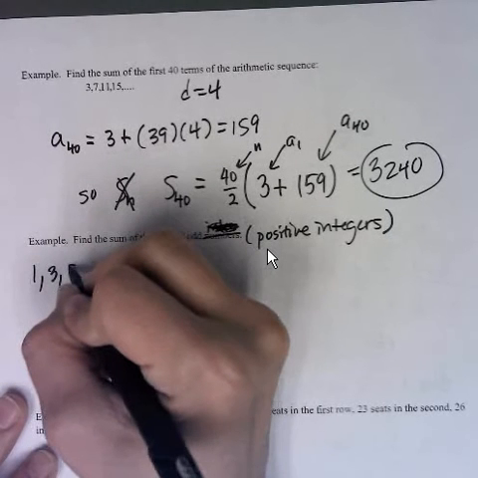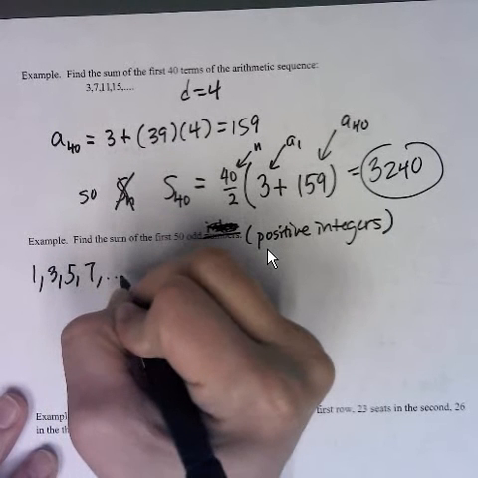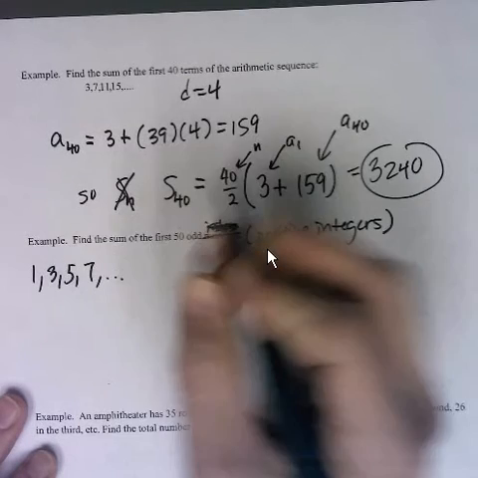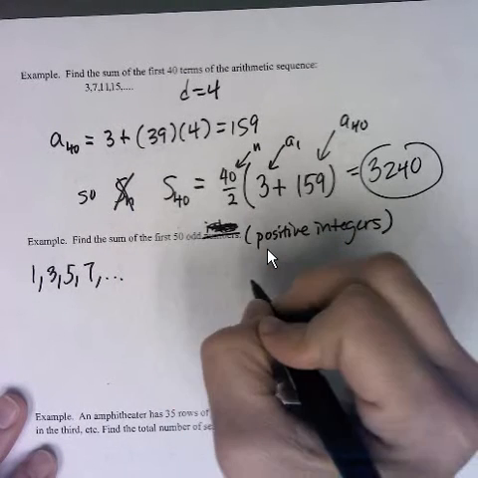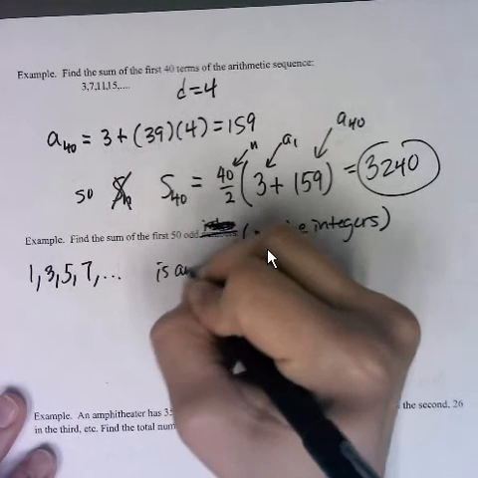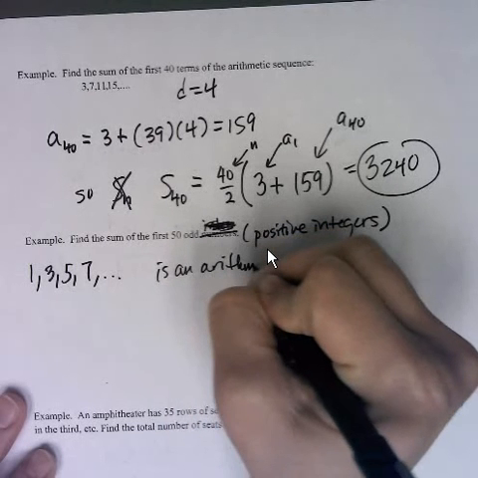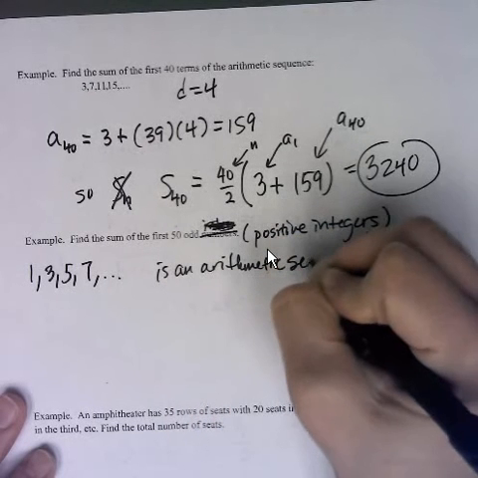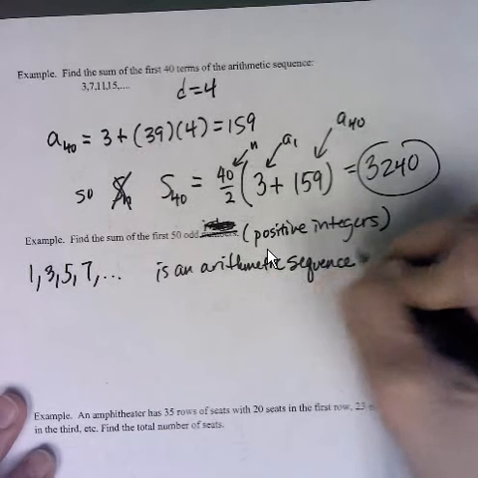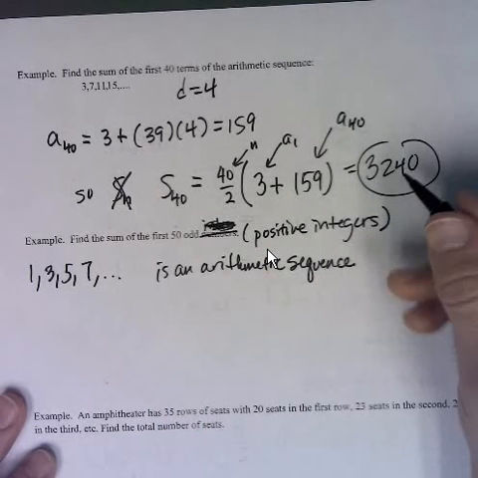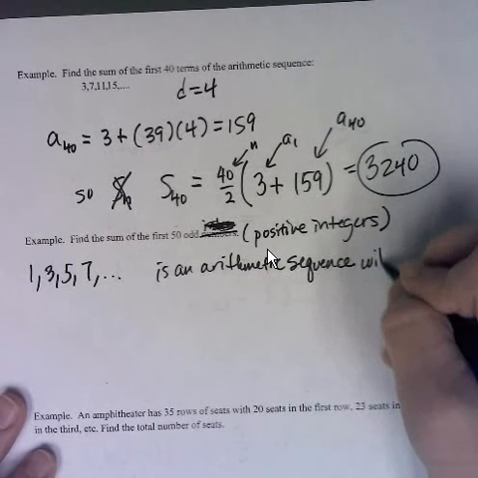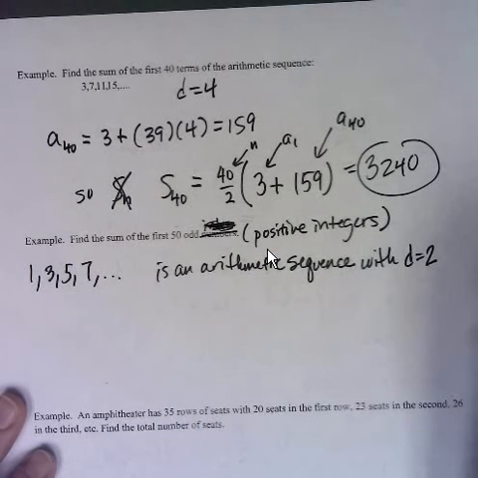This is what we mean. Note this is an arithmetic sequence. And the common difference is 2, right? You keep adding 2 to the previous number.